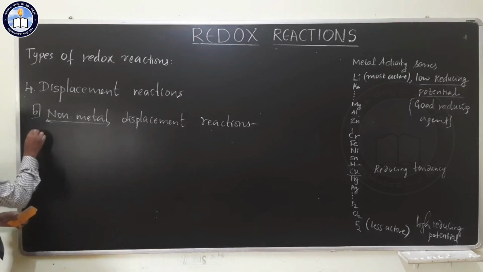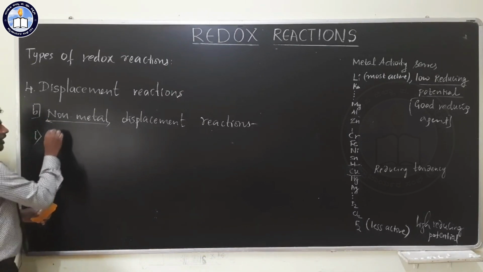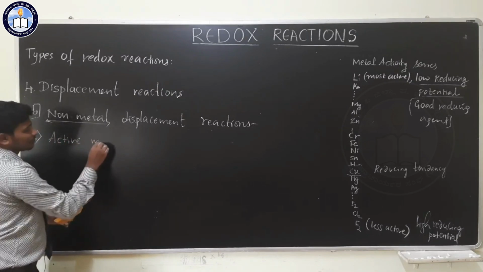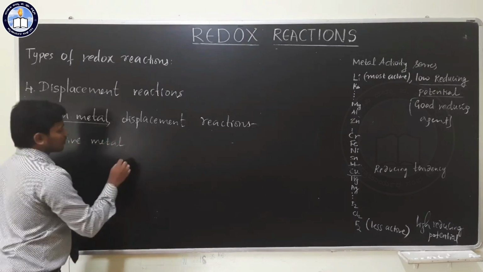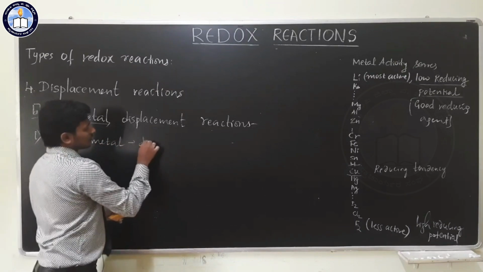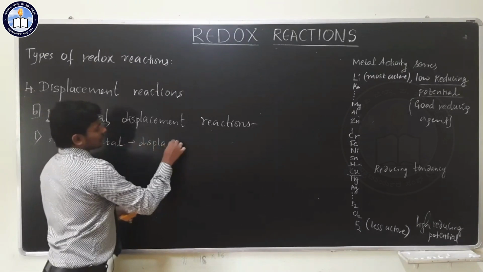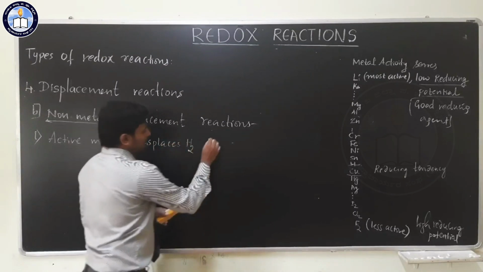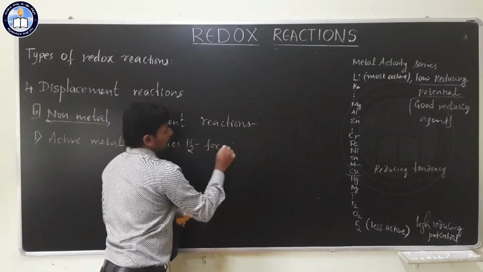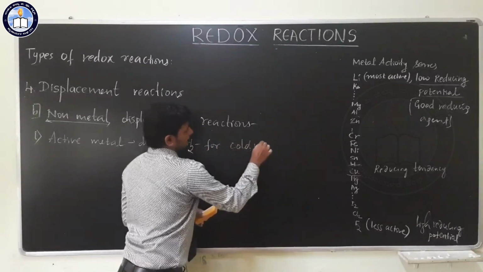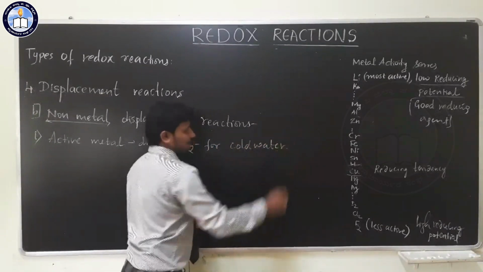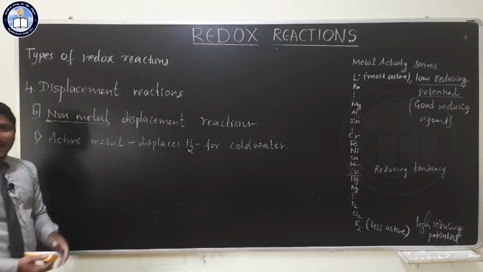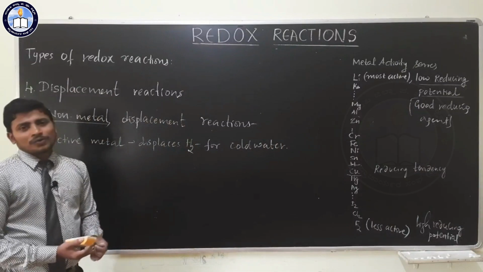The first one is what? Active metals displace hydrogen from cold water. For the first point, the active metals displace hydrogen from cold water.